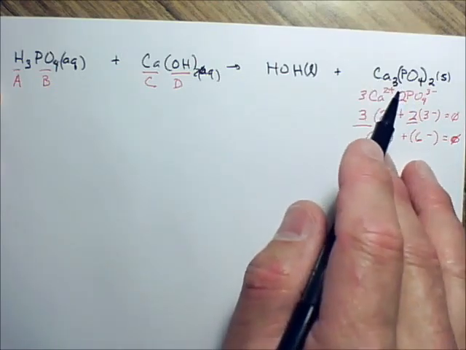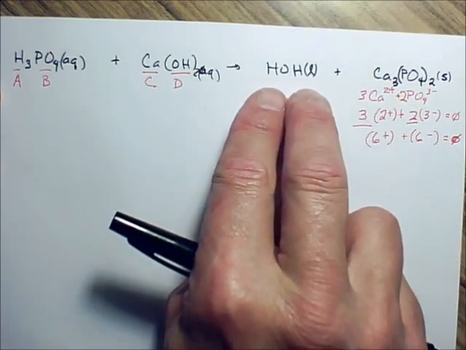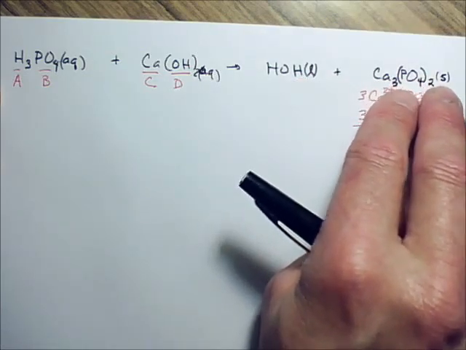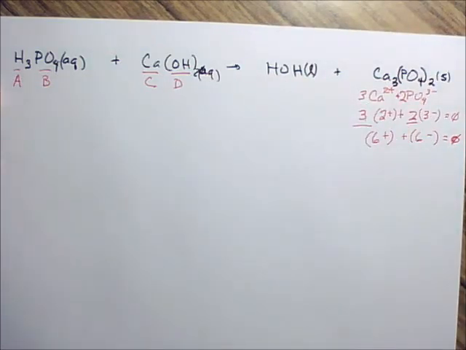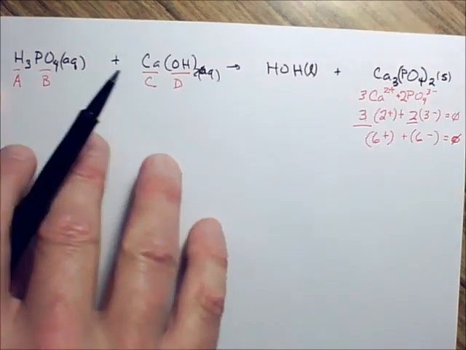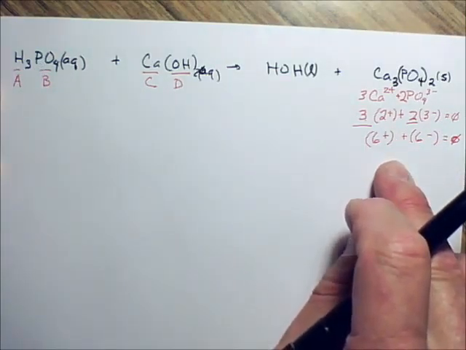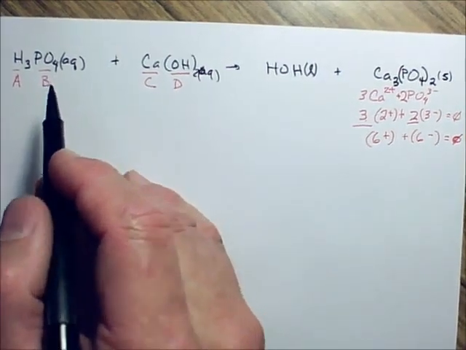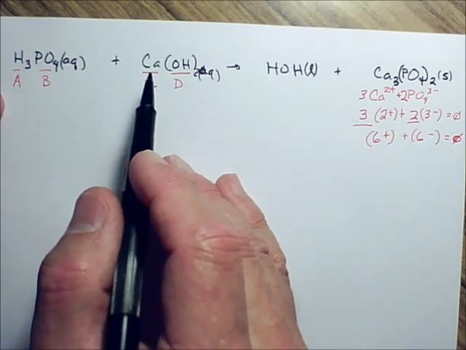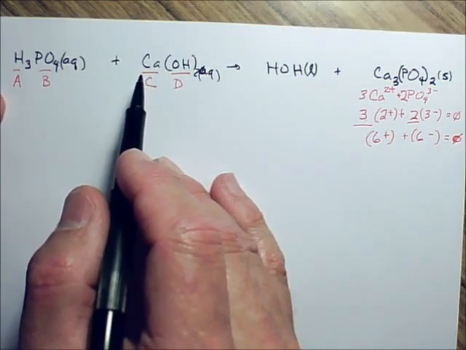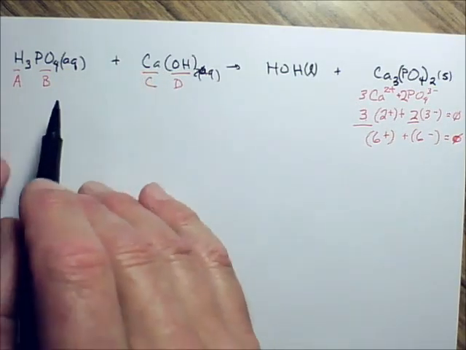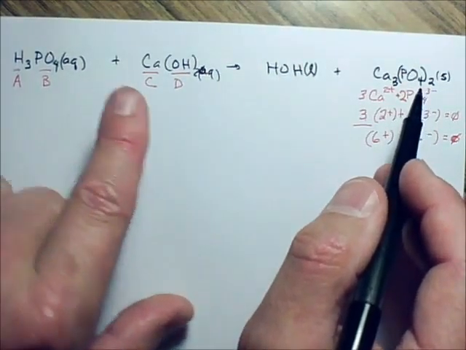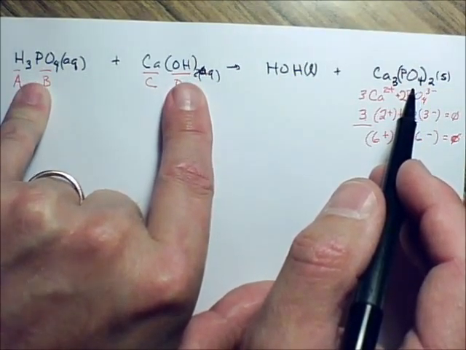So we've got the products predicted. We determined there's a driving force. We have the correct physical state, and we've got the formulas balanced. We're ready to balance the equation. So a lot of things to do before you get to the point where you can balance the equation. In fact, the first thing we had to do was determine that this was possibly a double replacement reaction. Before we do anything else, you've got to do that, because you don't know how to put everything together over here unless you know it's a double replacement reaction.